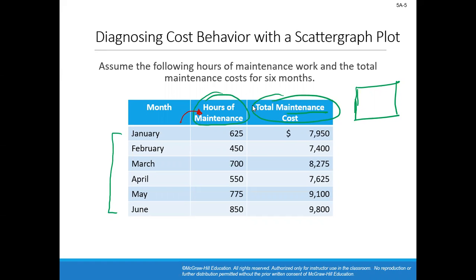For more aircraft, you need more maintenance hours and more maintenance cost. Hence we can expect that the maintenance cost will go up and down when the hours of maintenance go up or down. So which is indicating the activity base here? Which variable?